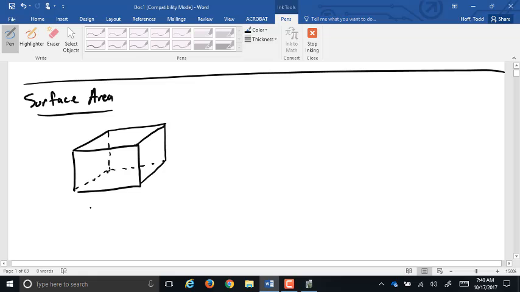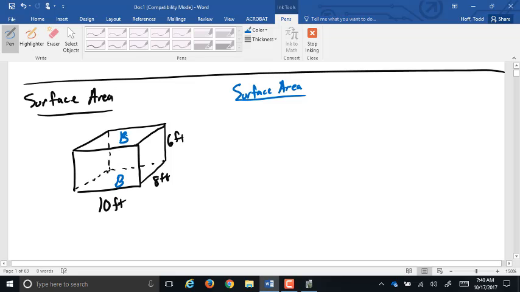So let's say that's our box here. Let's give this 10 feet, 8 feet, 6 feet. For a box, I could find the surface area just by finding the area of each little rectangle. There are how many rectangles that make up the surface of a box? 6 of them, but they come in pairs.